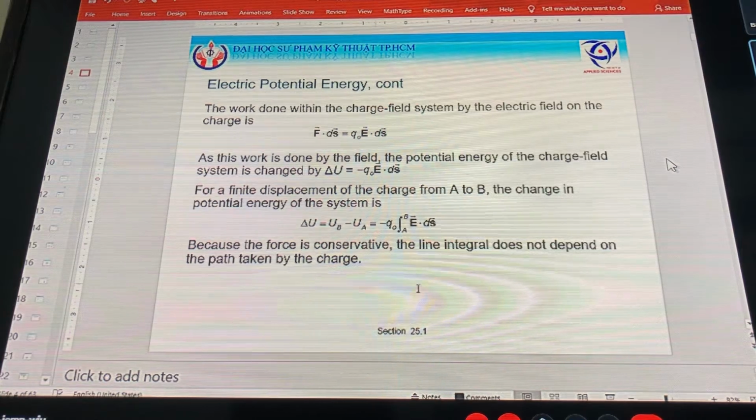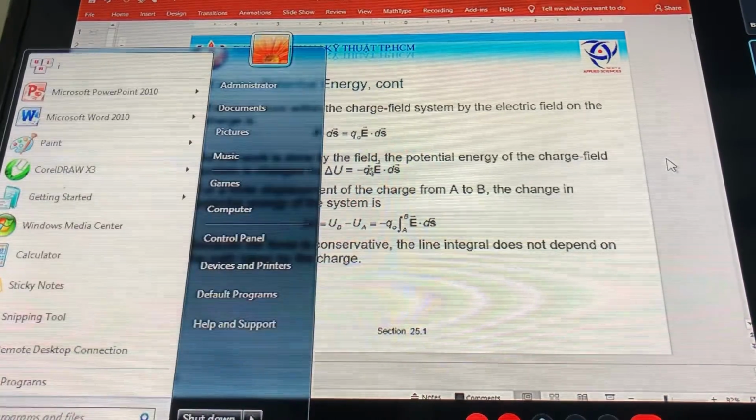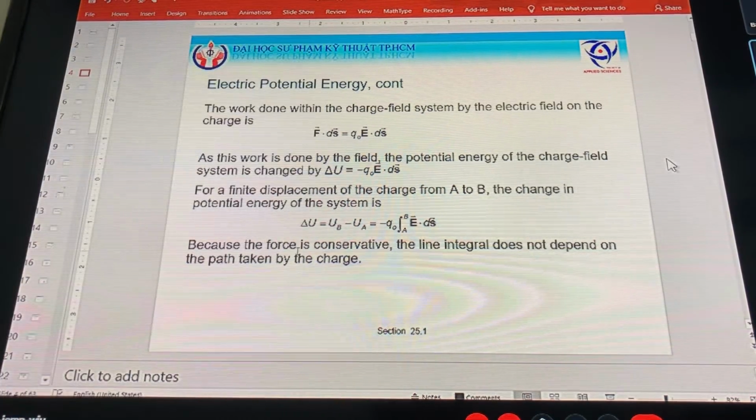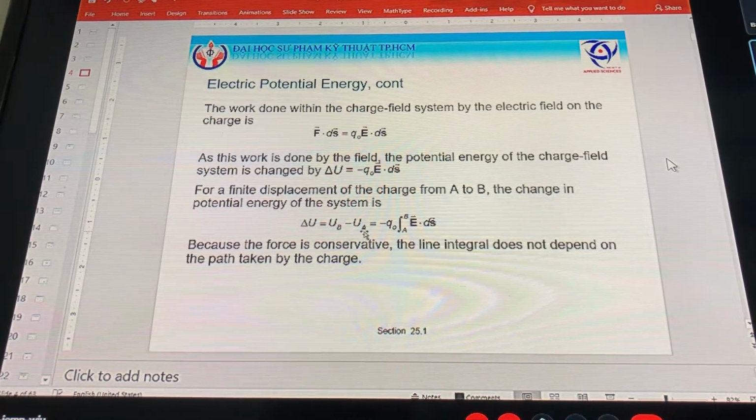Now, we can rewrite this work into Q0 E ds, then the delta U can be the integral. So when you move a charge from the point A to the point B, you calculate delta U is UB minus UA.